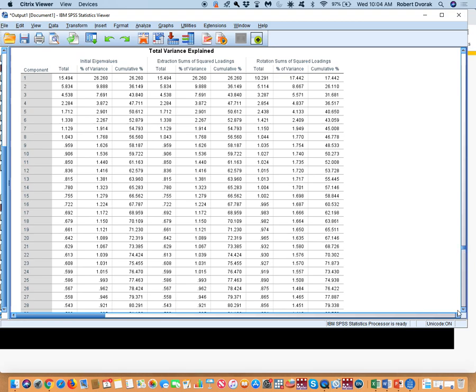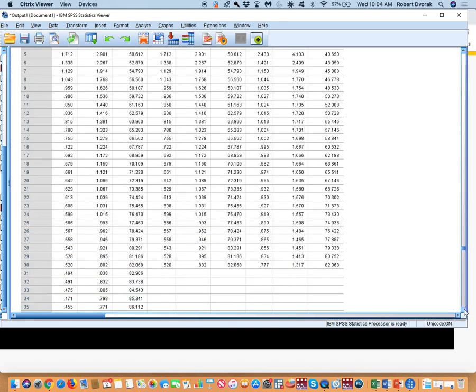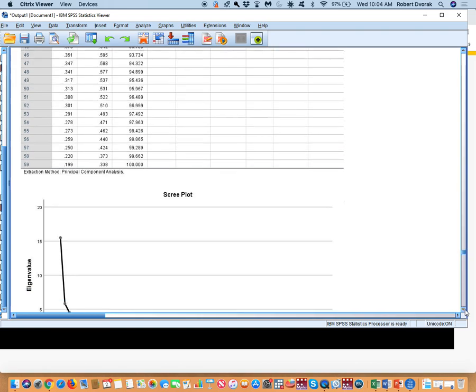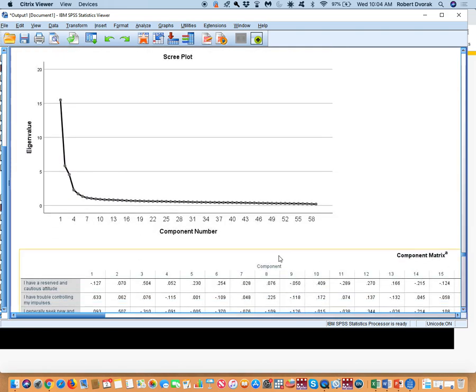All right, let's keep looking down here. I might have to go back and change this again, but anyway, here is our scree plot. We have 1, 2, 3, 4, 5, and again, I would say that 5 is roughly the knee here. You could also say 6 is the knee, I suppose, but I would probably go with 5.